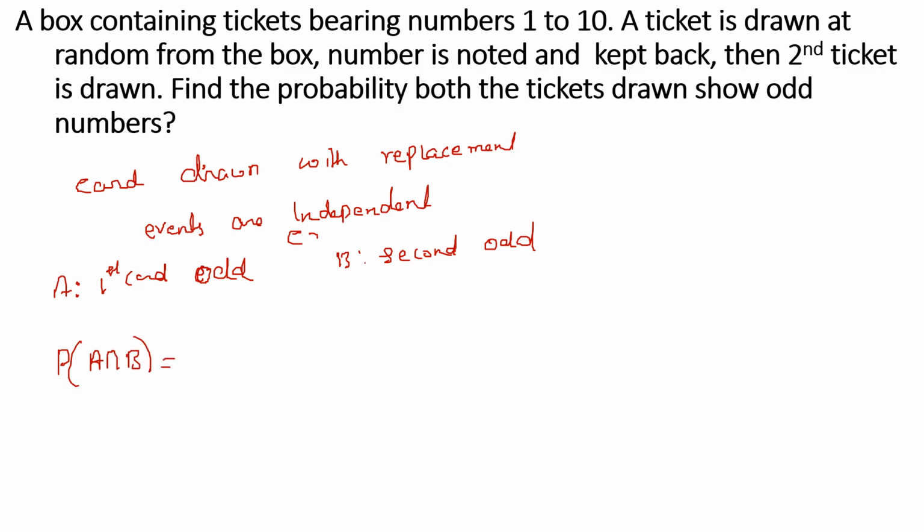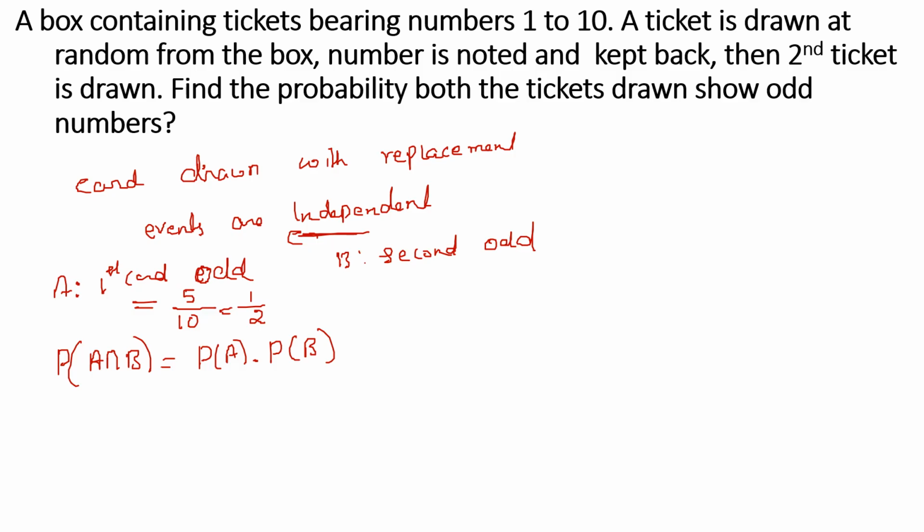Since the events are independent, by multiplication theorem, we have probability of A intersection B will be equal to probability of A into probability of B. Now, what is the probability of A? Out of 1 to 10, there are 5 odd numbers. So, probability will be 5 by 10, so 1 by 2.